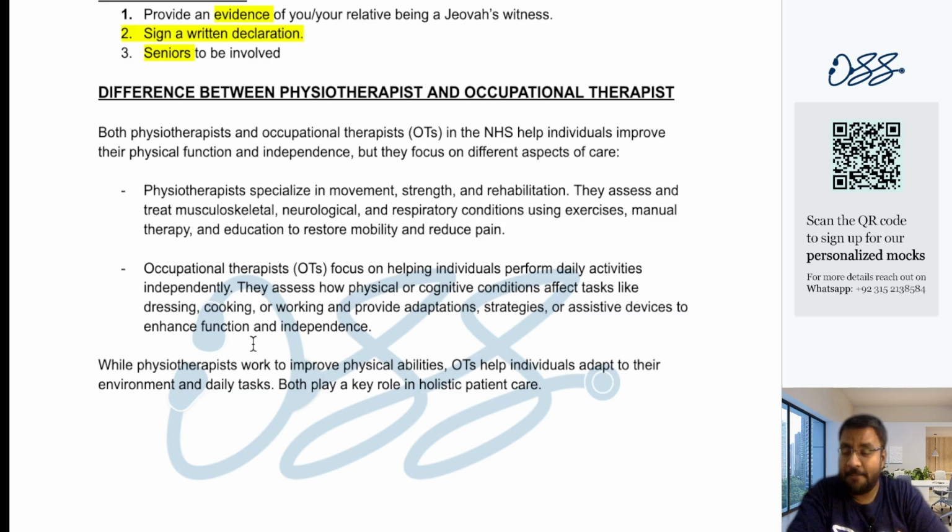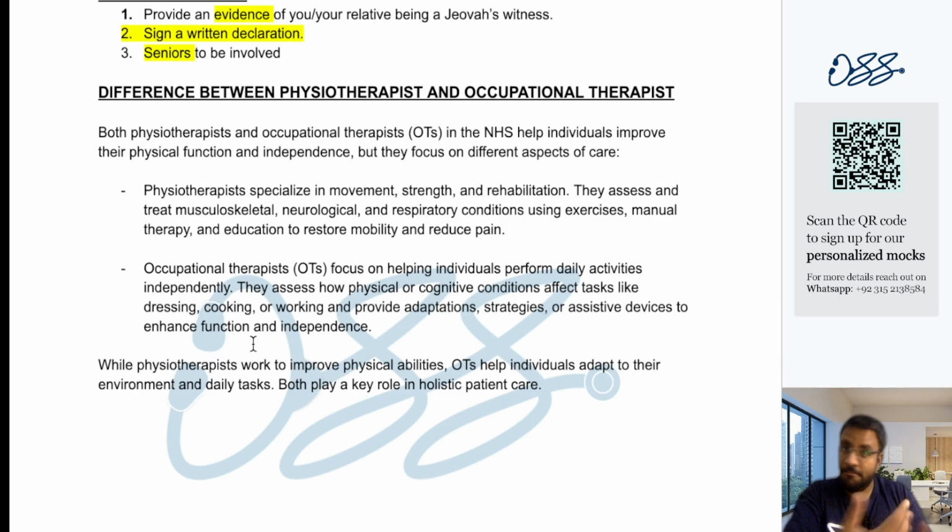For example, the physiotherapist is going to come and say that you need to walk and ensure your mobility. The occupational therapist may provide you with dummy stairs. They would provide that equipment and say, fine, you live on the ground floor, you do not have access to stairs, so we're going to provide you with dummy stairs on which you can take some steps. This is how the occupational therapist is going to help you.